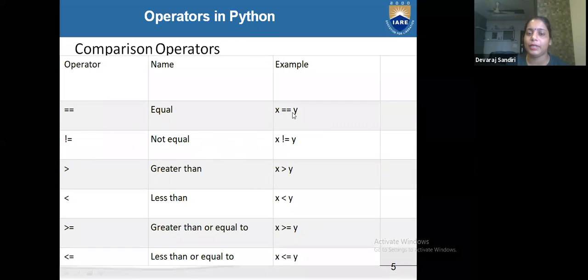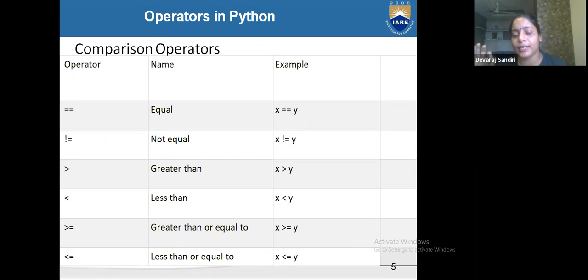Now the comparison operator: double equals. If 5 is greater than 3, then you get true, otherwise false.